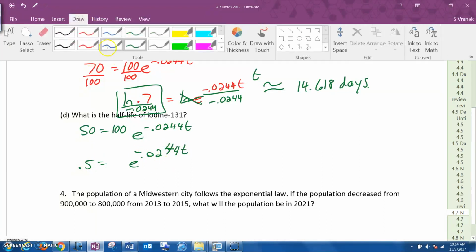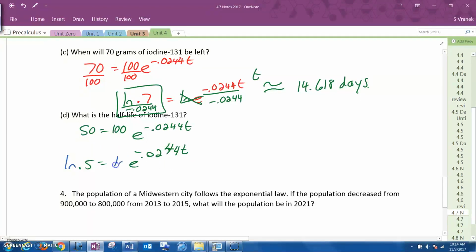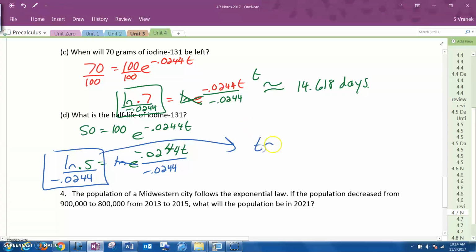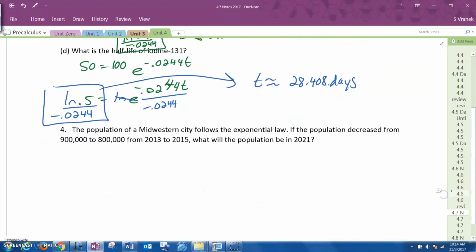Then we natural log both sides, and the whole reason we do that is so that the e can go away, because it's log base e of e. And then we divide by this same rate, that k value. So this is the answer, whatever that is. So t is approximately 28.408. Okay, and again, that is days. So algebra works better when it's an e base, because when you natural log both sides, the e goes away.